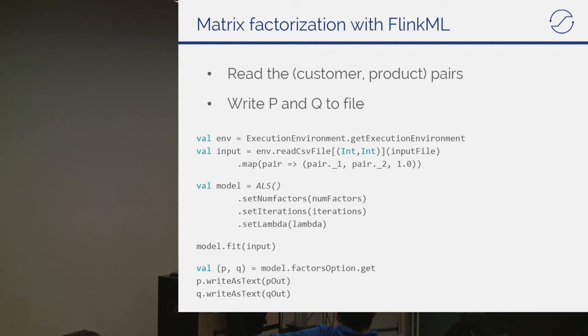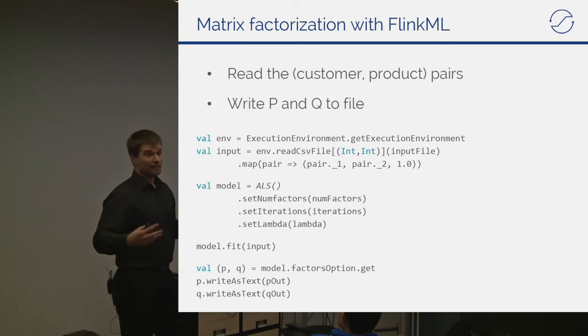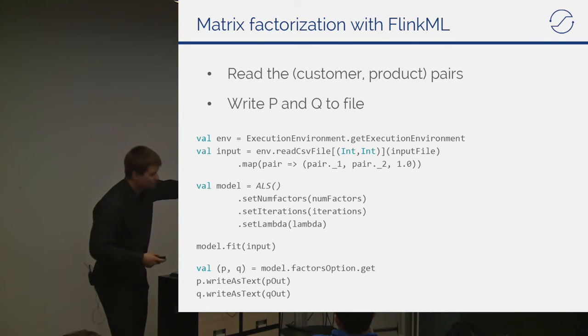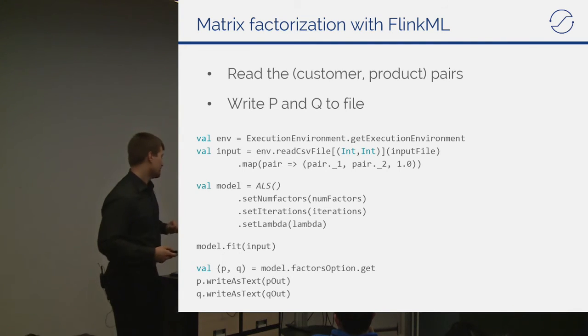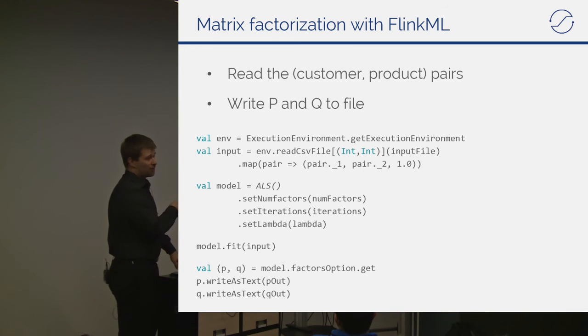I set a couple of parameters because I feel that they are necessary. Then I say model.fit(input), that's it. Now I get my model. Usually you would say model.predict on a data set, but now I want to go very fancy, and instead of using the FlinkML solution, I want to use Flink streaming to actually compute the prediction. So that's it. If you use the FlinkML library, that's actually how much code you have to write.